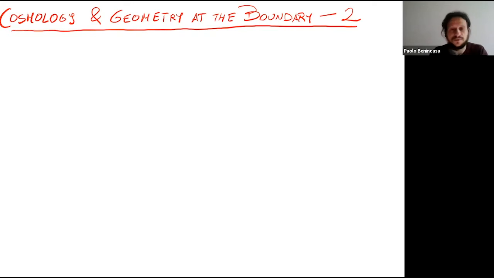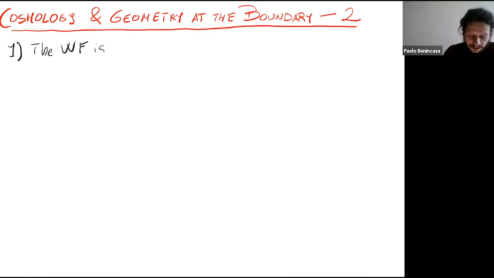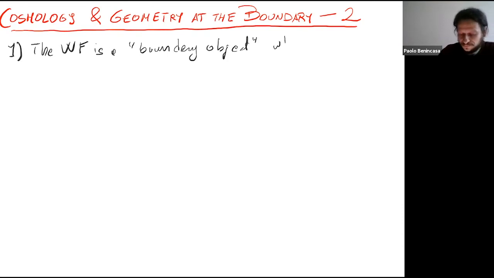So I think the main points of the lecture yesterday are that, first, the wave function is a boundary object which lives on a space-like surface.